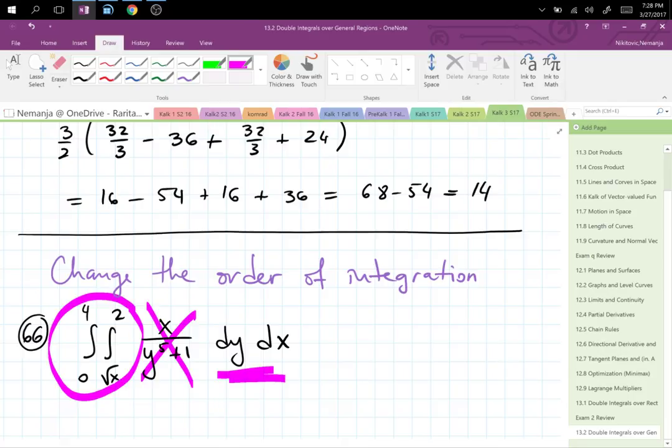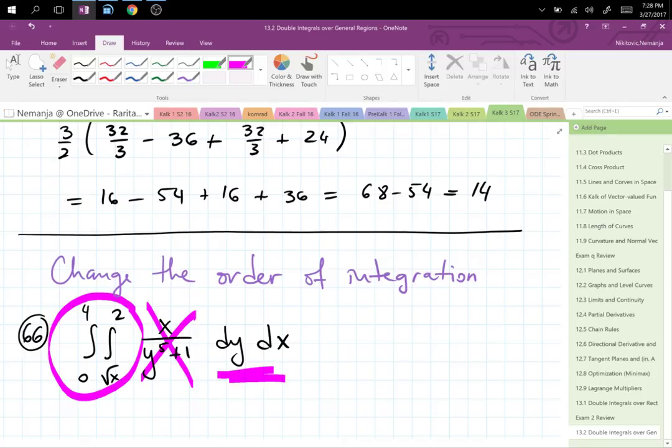You can choose which one you want to do.